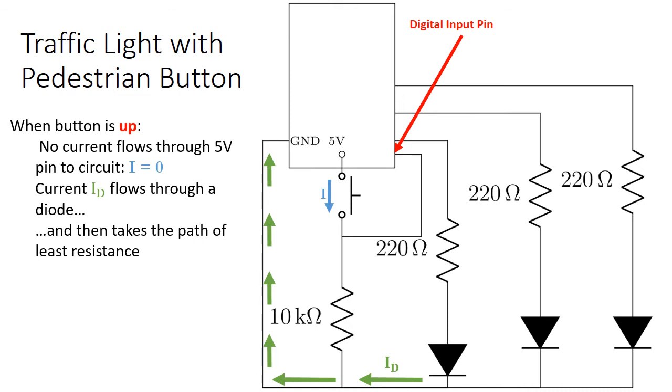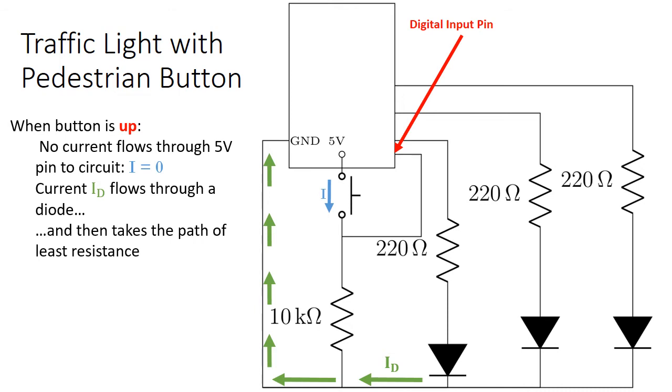And that means that the voltage, since there's no current along there, the voltage at the digital input pin will be identical to the voltage at the junction where ID meets the 2 wires where it's trying to make a path decision. And that's going to be identical to what we see at ground, which is 0 volts. From 0 volts, if we go down through the arrows, down the wire, there's no voltage change.